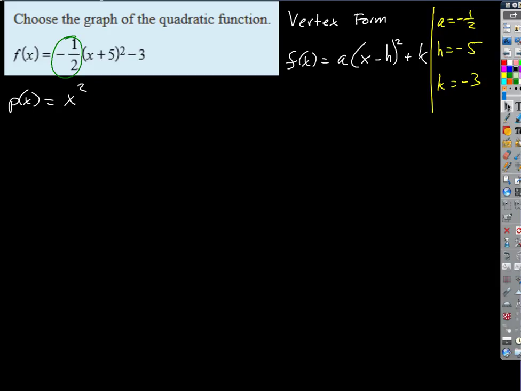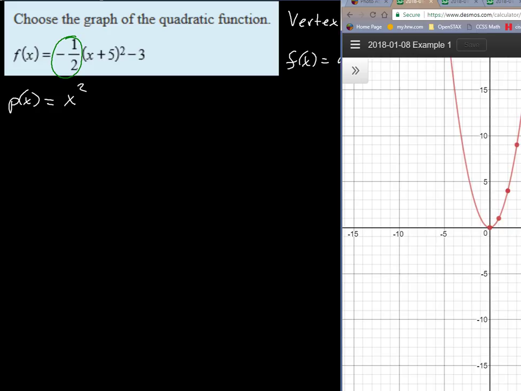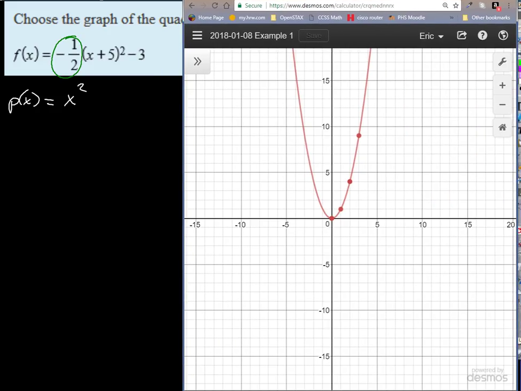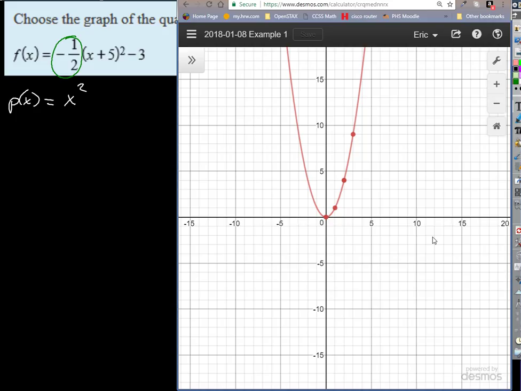So let's look at that and see what that does. Flips it over and divides it. So there's our parent graph, right? Everybody agree? That's our y equals x squared.